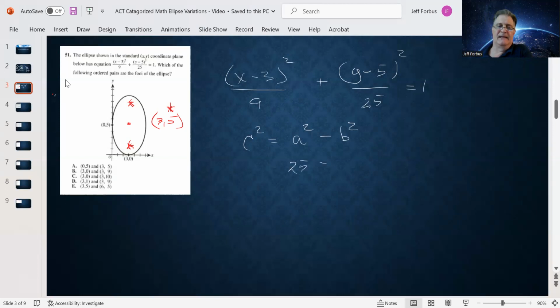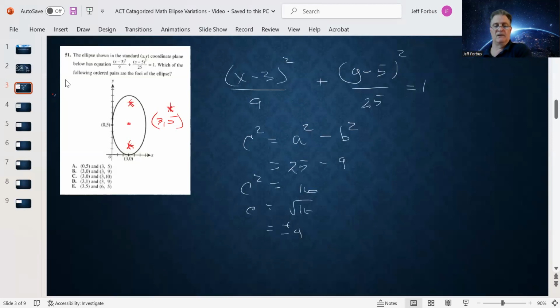And that leaves 9 as our b squared value. Now 25 minus 9 is 16. So that's equal to c squared. We need c. So c is going to be equal to the square root of 16, which is equal to plus and minus 4.